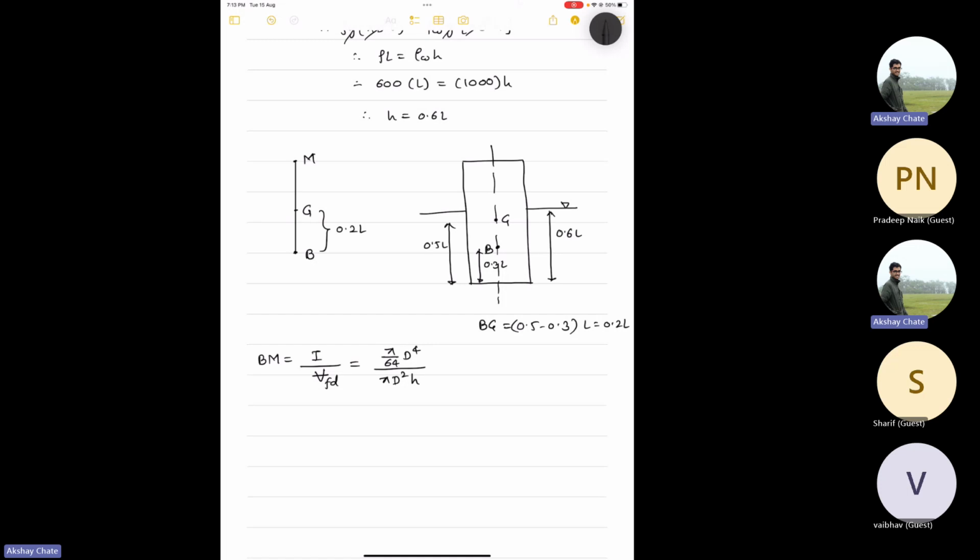When you divide this, you get a length scale. If you do the dimensional analysis for this ratio, you will get length as the unit for BM, and that is what we want. So pi will get cancelled, d power 4 becomes d square at the top, 64 into h.